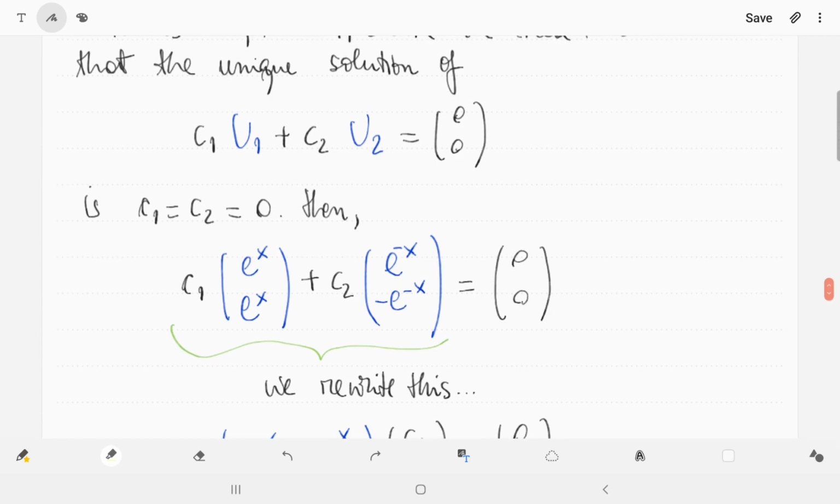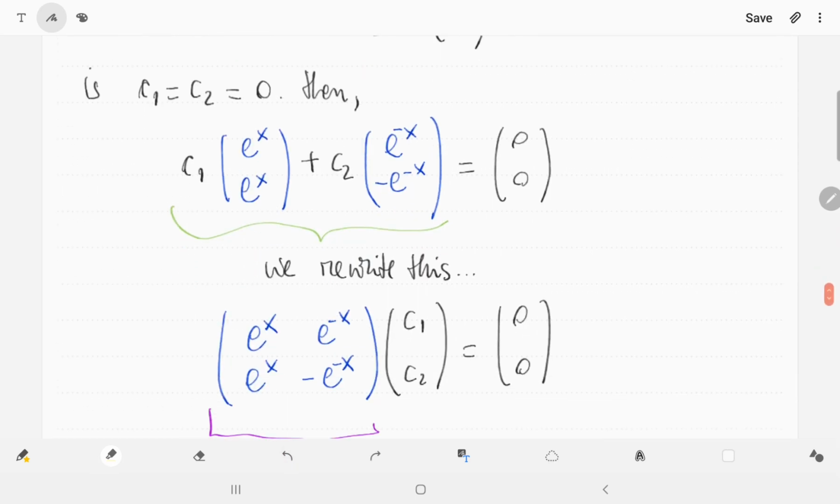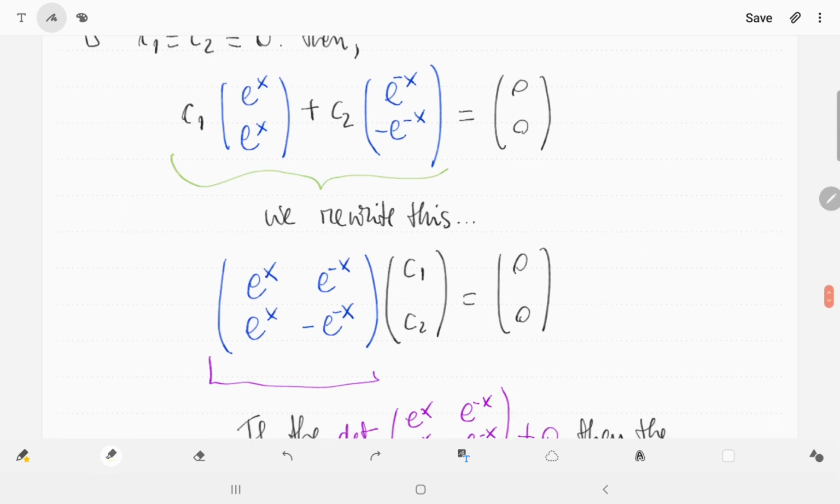Okay, so we need to show that the unique solution of this linear combination equal to 0 is the constants C1, C2 equal to 0. So we write who these vectors are here. Then we rewrite this side of the equation as a matrix times the vector C1, C2.